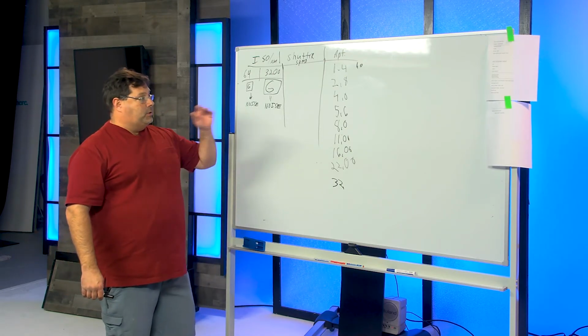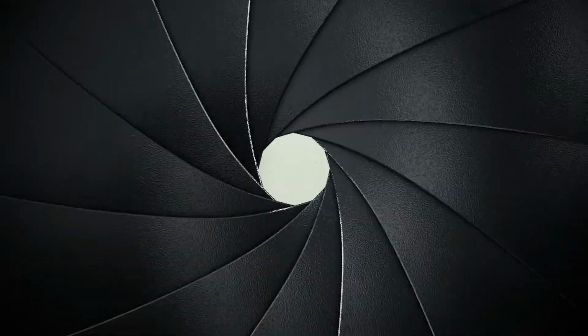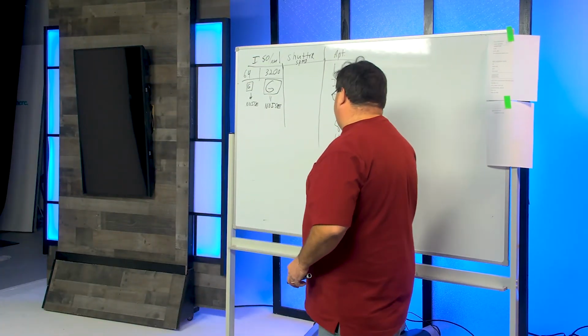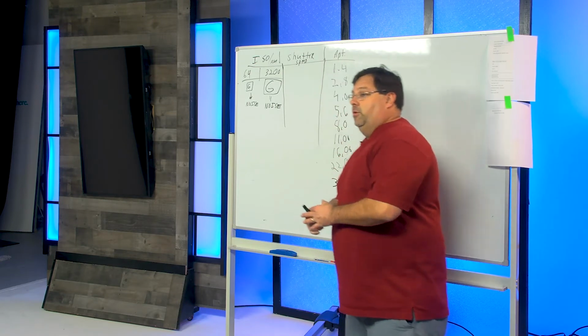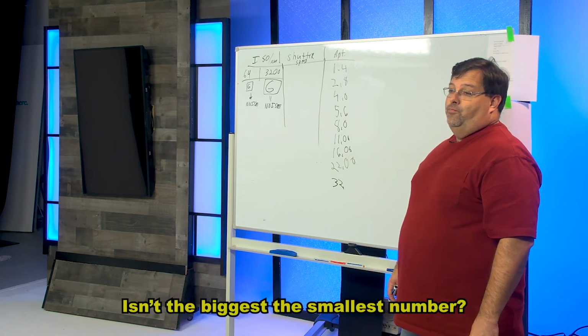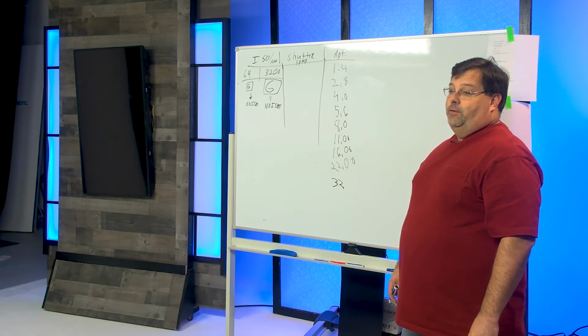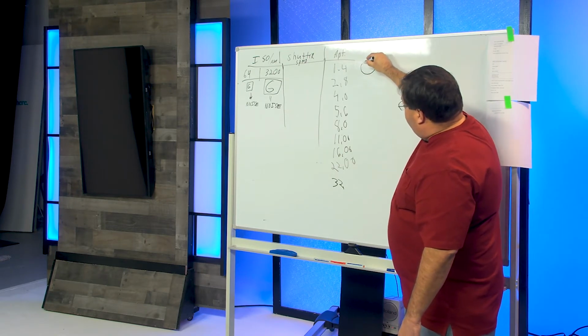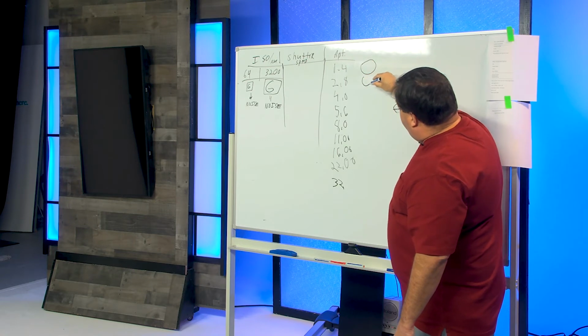Anyways, let's talk about aperture. For my studio audience here, which one of these do you think is the biggest opening, and the smallest opening? That's correct. So 1.4, this is the aperture, and then 2.8, this is the aperture.